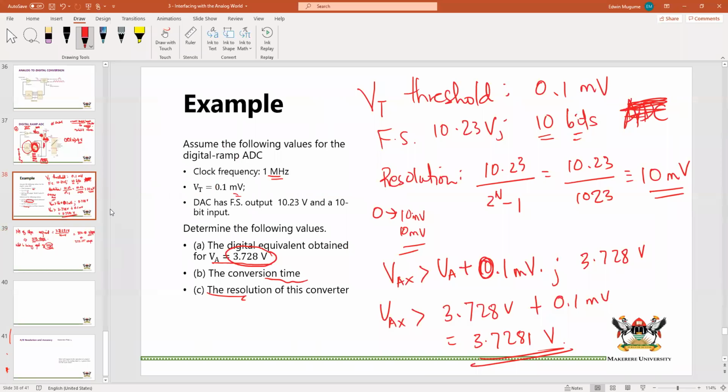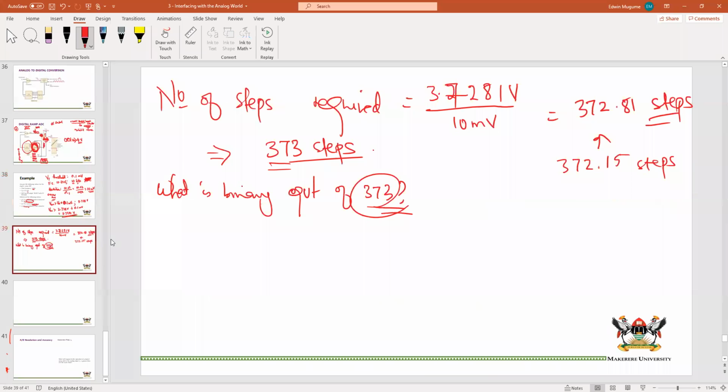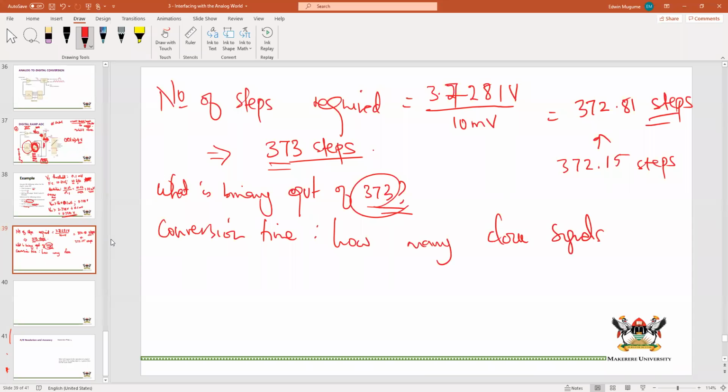The conversion time we have not yet looked at. Conversion time is how many clock signals we actually get. It is going to be 373.